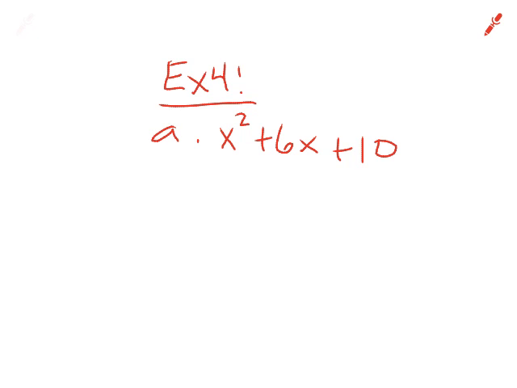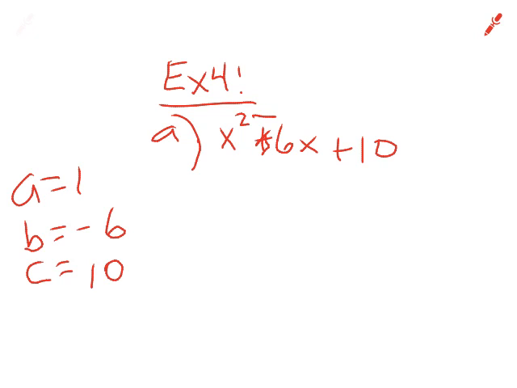It's not asking you to figure out what the solutions are, just the number and the type. The way we can do that very quickly is to label a, b, and c. A is going to be 1. I'm sorry, I made a mistake here. This should be a minus 6x, so b should be negative 6, and then c should be 10.